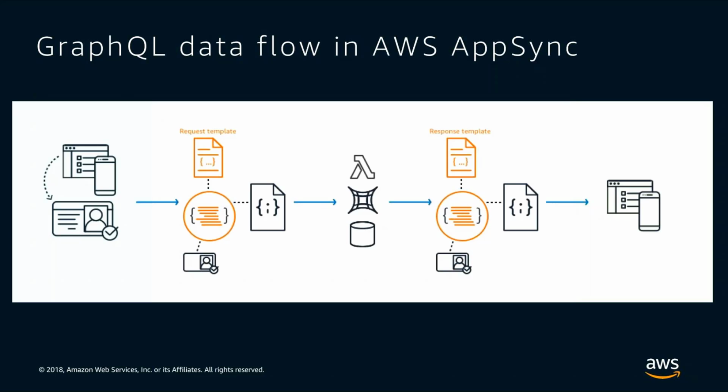And as a field value is being figured out, AppSync tries to parse a request template. A request template is basically a velocity template that allows the AppSync service to make a call to your underlying data store. So it tells AppSync how you can interact with your underlying database.